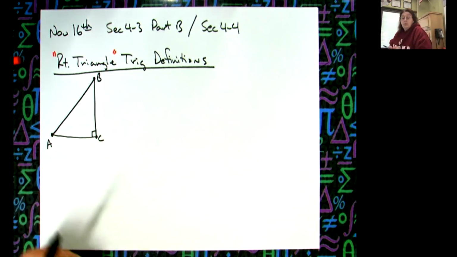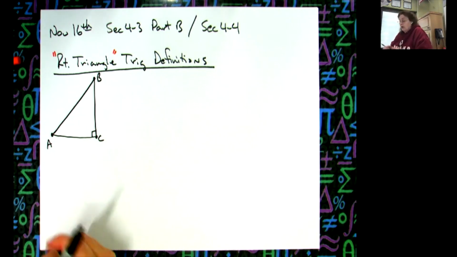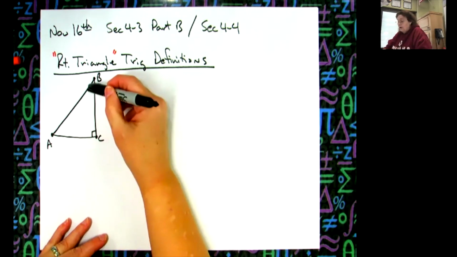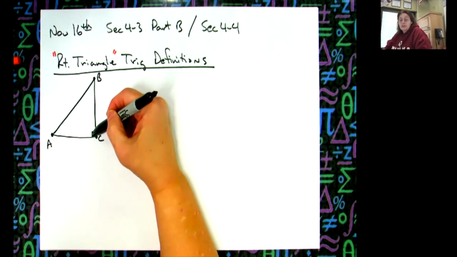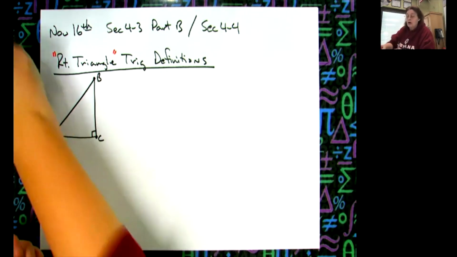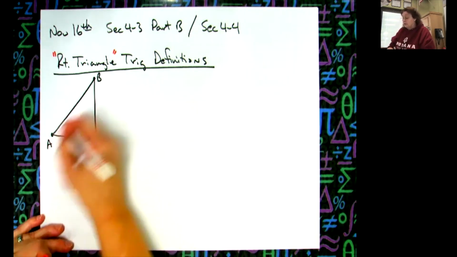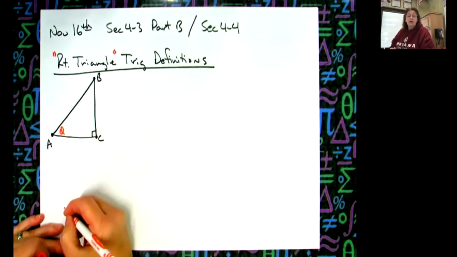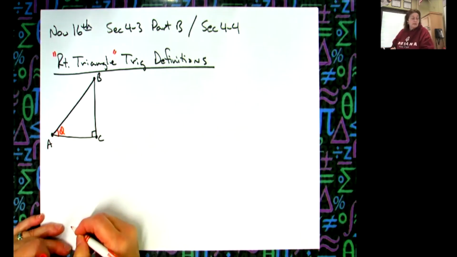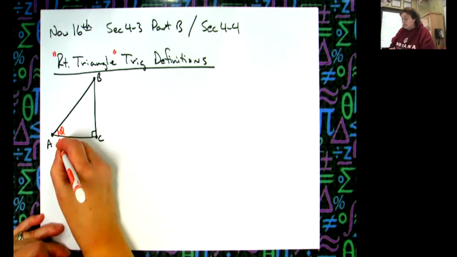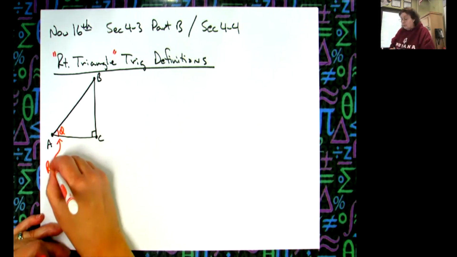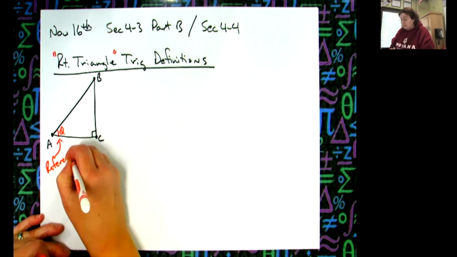Now when you deal with right triangle trig, you have to have a reference angle, and that reference angle is going to be one of these two angles. The reference angle is never the right angle. So in this one, let's say I decide that my theta is going to go right here. That's going to be my reference angle. So the definitions are going to be based on that reference angle.